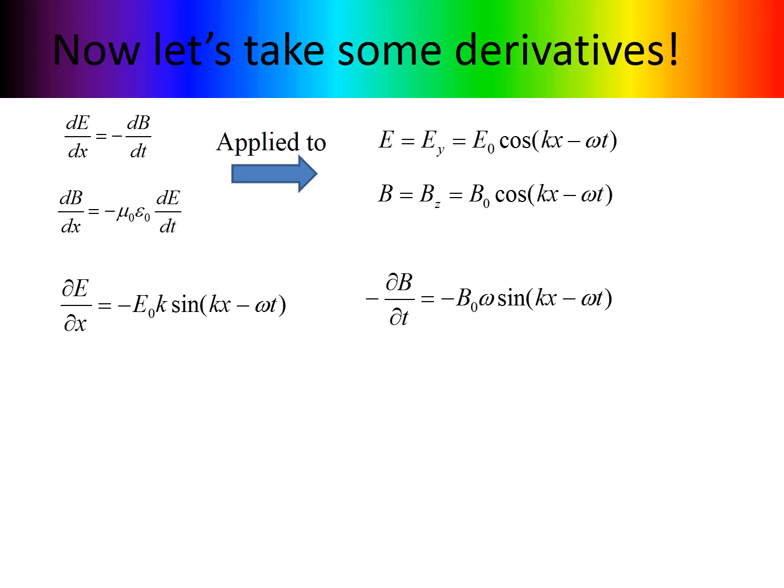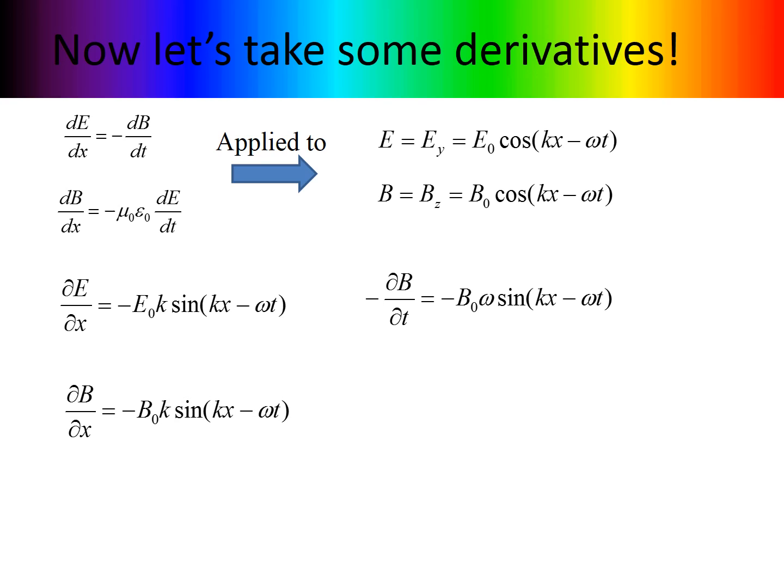Okay, so negative dB/dt: we've got a negative sign to begin with, then a negative sign because of the cosine term, and another negative due to the negative omega that's our coefficient. So if we have three negatives, we're left with one negative. And so negative dB/dt equals negative B sub 0 omega sine(kx minus omega t).